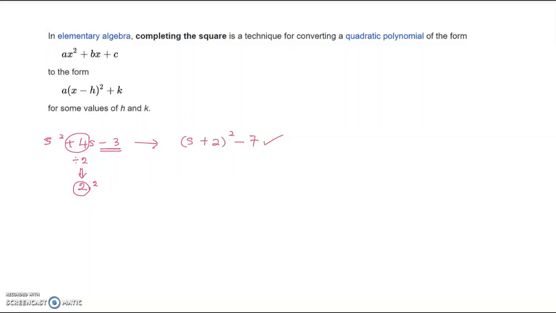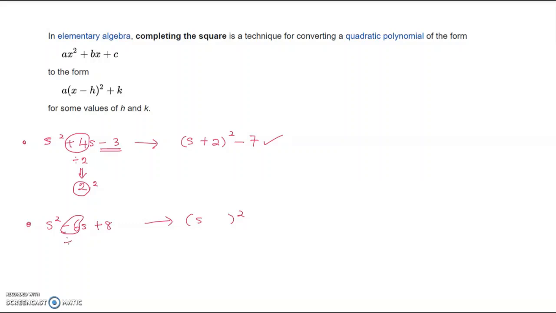Take another example. If we have s squared minus 6s plus 8. In terms of completing the square, we want to write in this form. We look at the coefficient of s, which is negative 6 here.